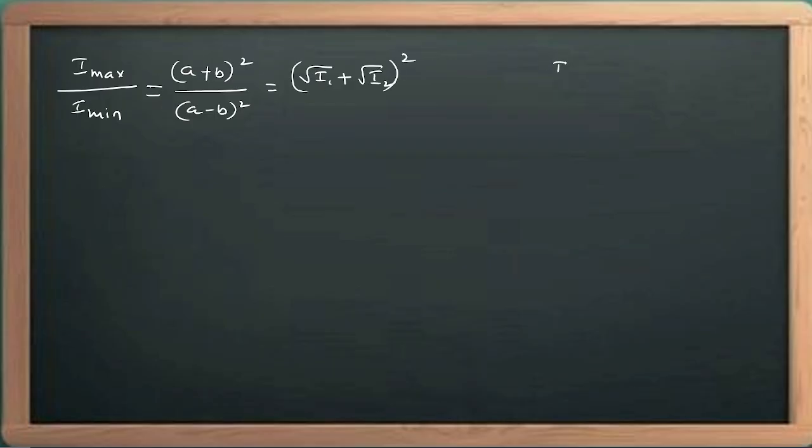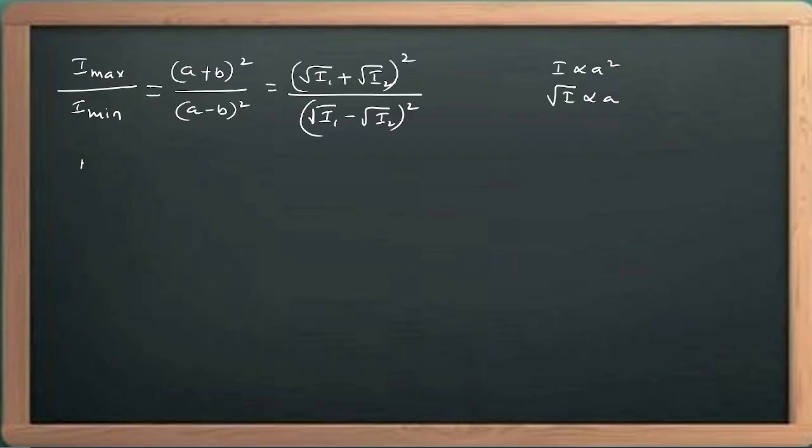Why? Because intensity is directly proportional to amplitude square. Root I is directly proportional to A. So here I will write I1 in place of A, I2 in place of B, so root I1 minus root I2 whole square.